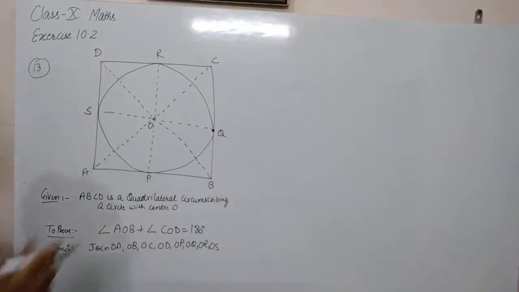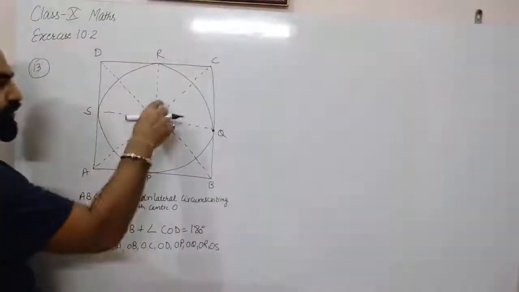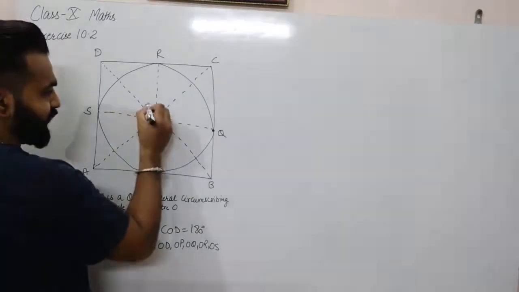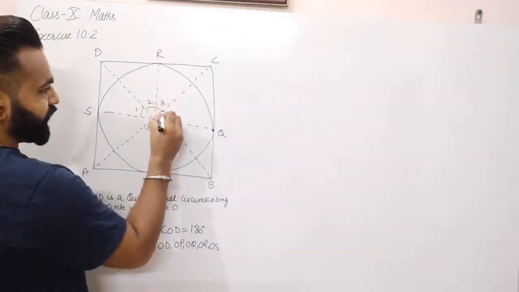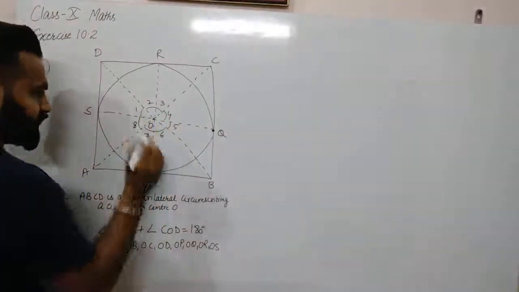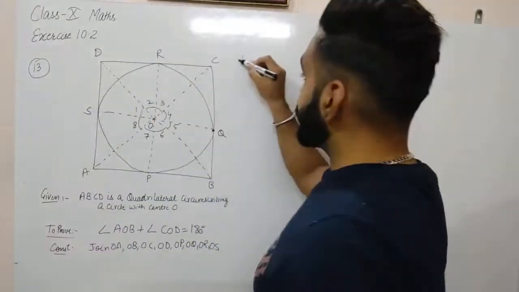So we have to prove that the sum of these two parts is equal to 180 degrees. Clear everyone? So let us say this is angle 1, this is 2, this is 3, this is 4, this is 5, 6, 7 and 8. Clear? So let's start the proof.